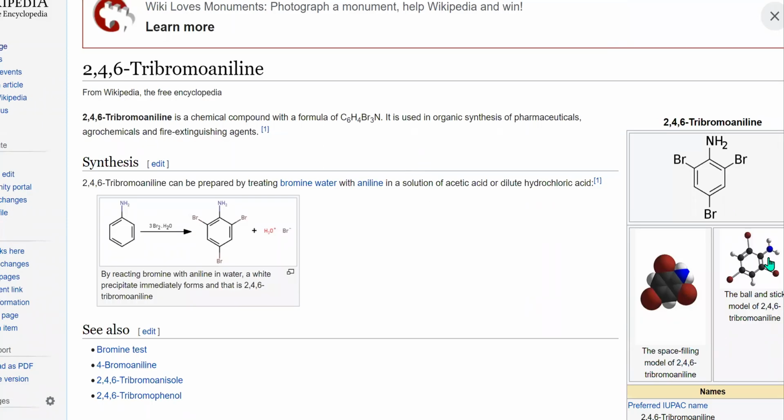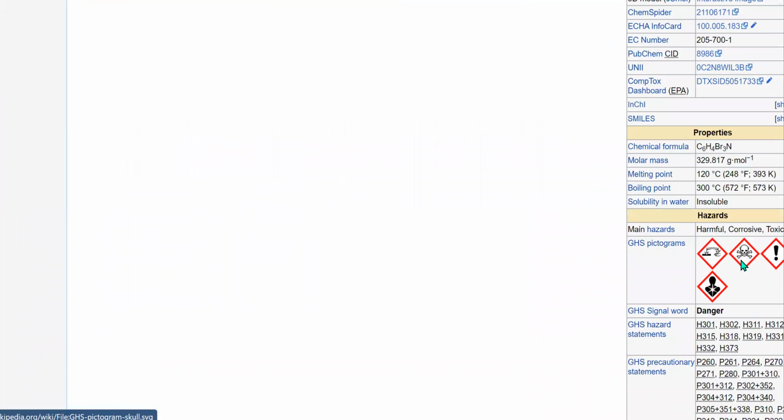Even the Wikipedia page is kind of small, so probably not a very important chemical.